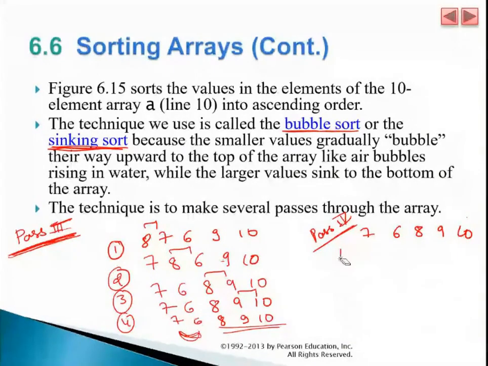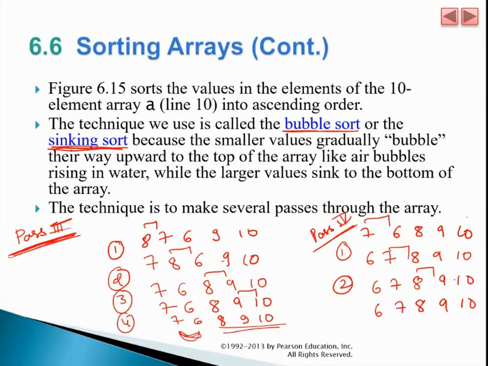Bubble sort. We will compare these two elements, 7, 6, 8, 9, 10. Then we will compare these two elements and get 6, 7, 8, 9, 10. We will compare these two, 6, 7, 8, 9, 10. And this is the final output. So after pass 4, we will get the final output.